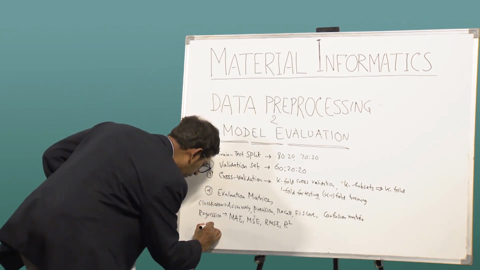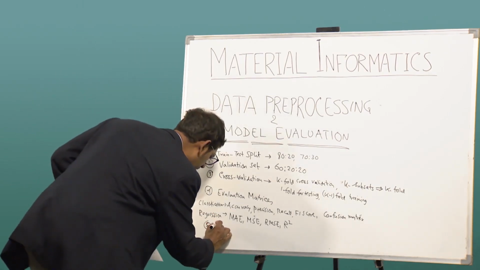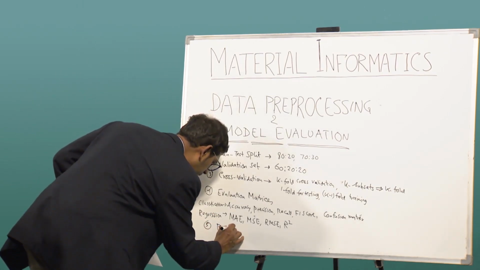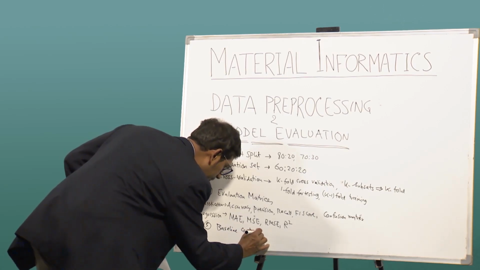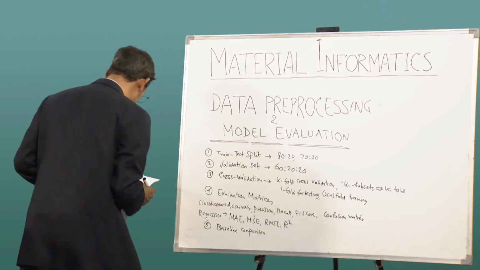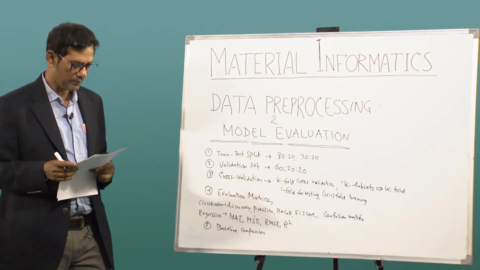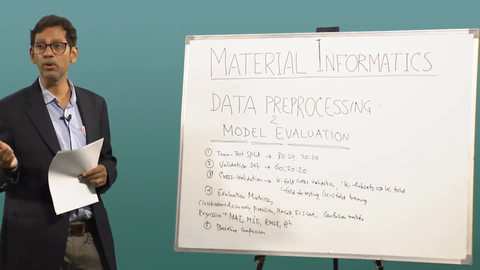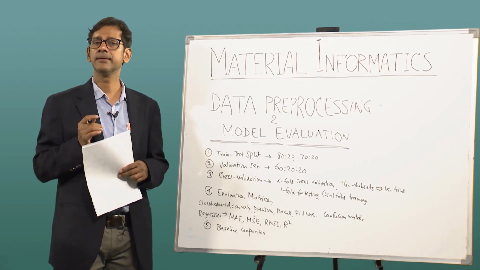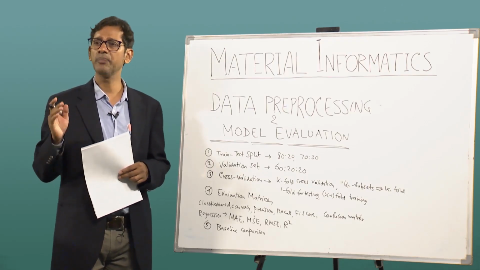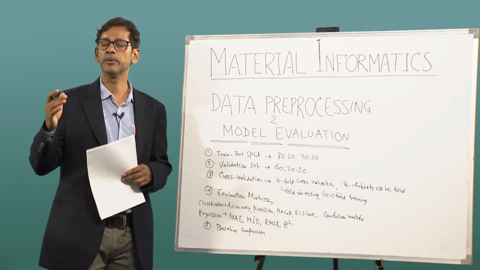Part 5 is what? You also need to know a little bit about baseline comparison. What is that? You can always compare the model performance with some other baseline models. Let us say you are using several models and you know that one particular baseline model performs very well from your experience.